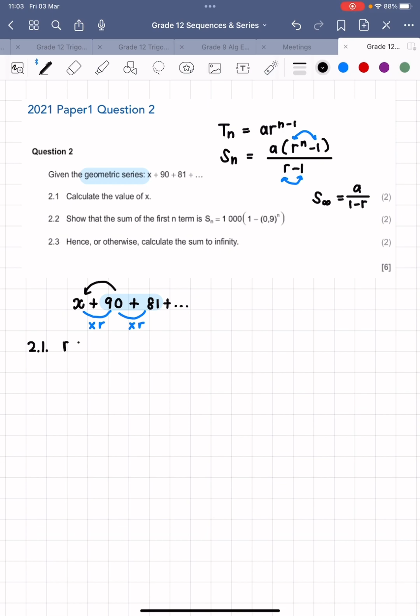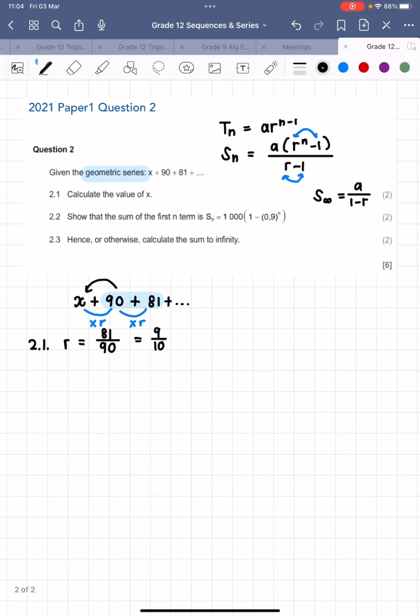So the ratio is always a term divided by the term that came before it. Now 81 over 90 can be simplified. That is in fact 9 over 10. Now, if we know that our second term is 90, we want our first term. Remember, if we had gone from x to 90, we would multiply by 9 over 10.